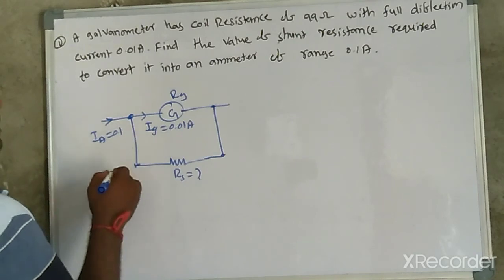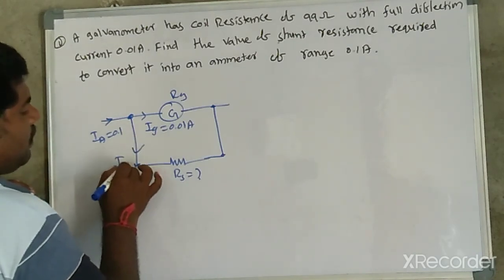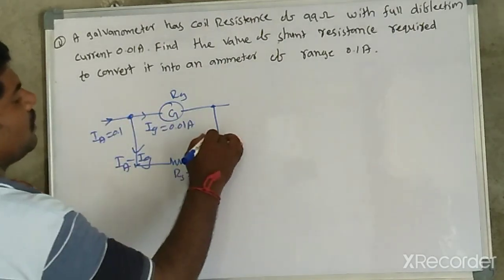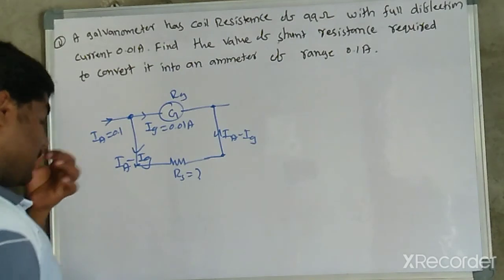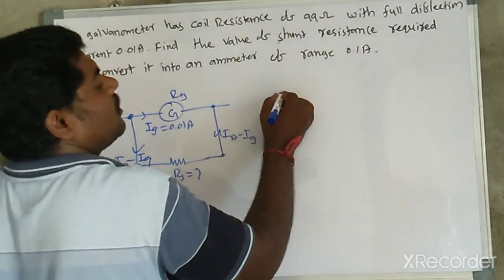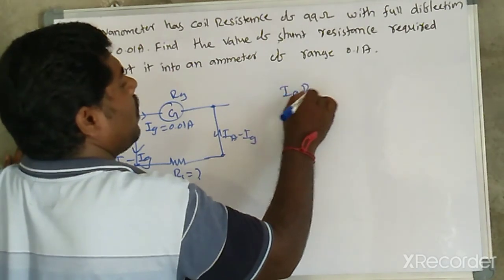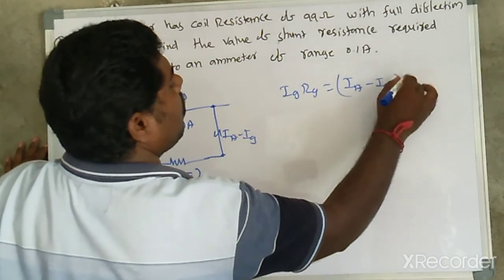The remaining current is IA minus Ig. These two are parallel, so Ig Rg is equal to (IA minus Ig) into Rs.